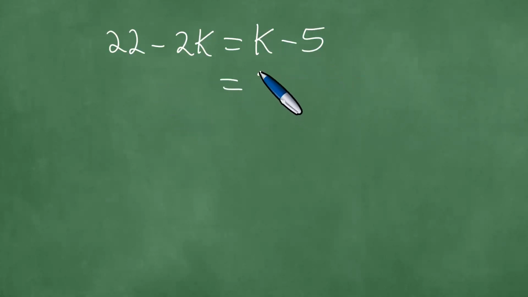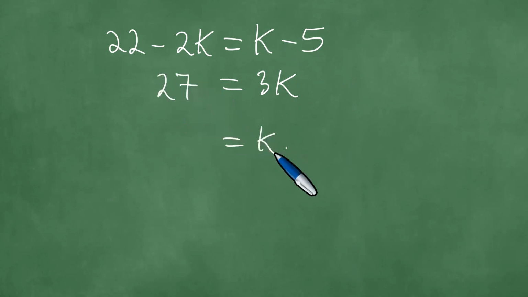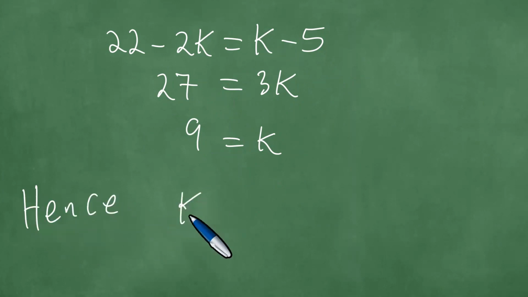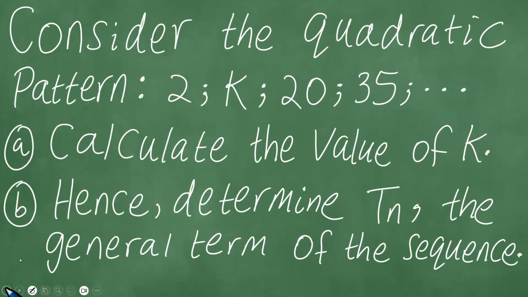So that 3k is exactly the same as 27. Dividing both left and right by 3, we have that k equals 9. Hence k equals 9.